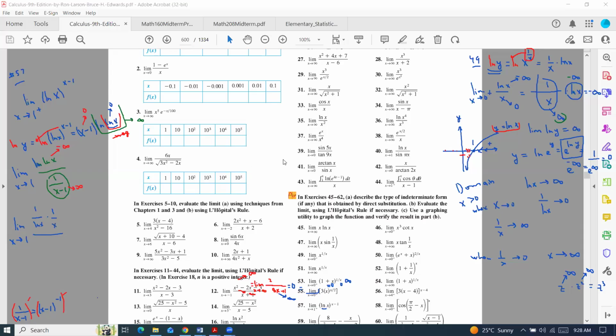I know some people just do that in their head right away. So negative 1 comes out, and that x minus 1 in the parentheses will become raised to the power of negative 1, subtract another 1. Power rule for derivatives. And for that matter, I can write it as 1 over x minus 1 squared.